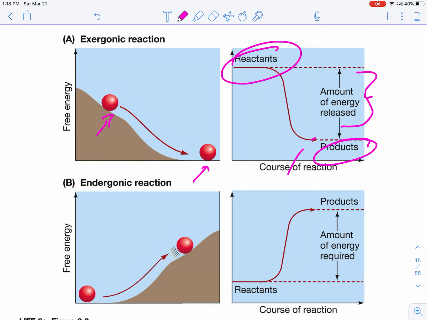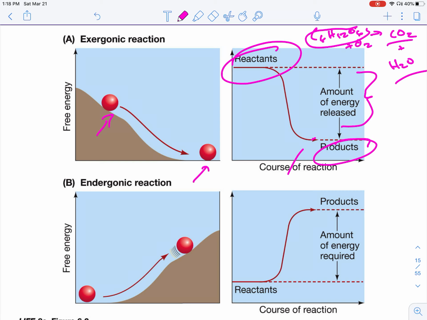So if we take something like glucose, C6H12O6, and it breaks down to CO2 plus H2O, I'm not going to balance this, but here you have something that is complex and it gets more simple, and so there's a release of energy.